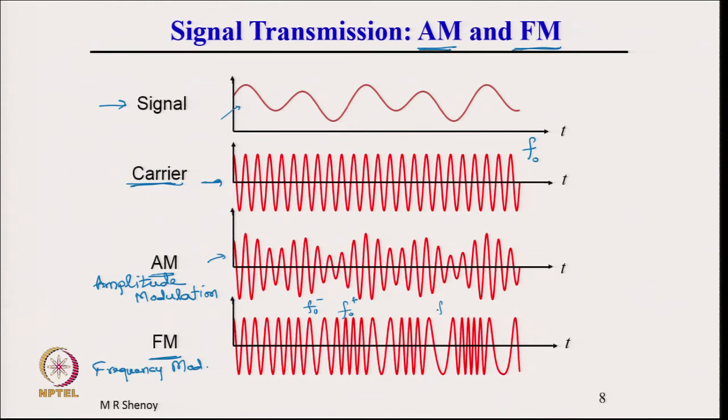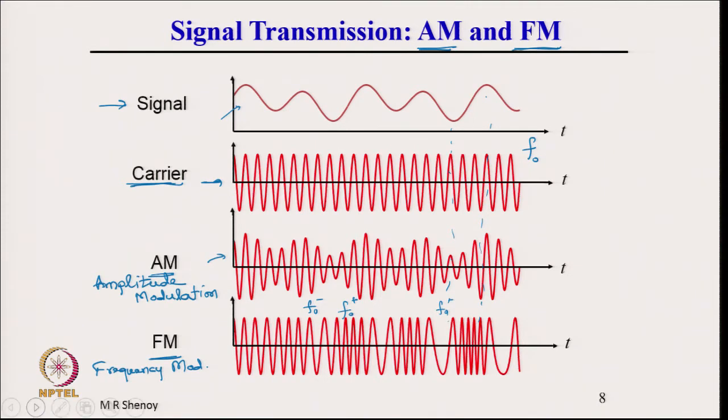In other words, the instantaneous frequency of the carrier is modulated according to the amplitude of the signal. When the amplitude goes down, the frequency goes down, and when the amplitude goes up, the frequency goes up. So, this is called frequency modulation.